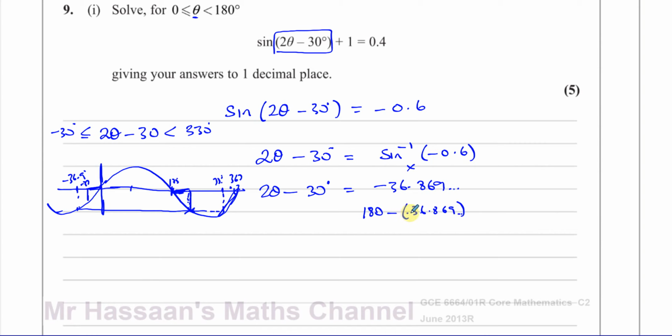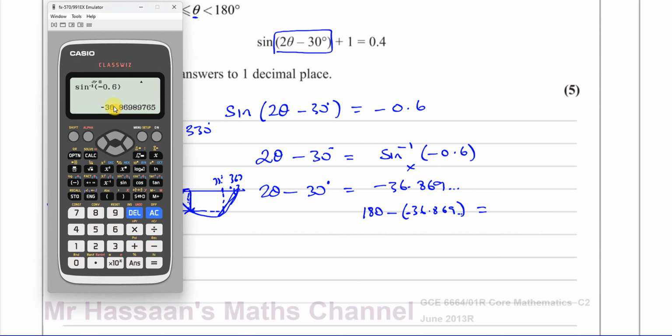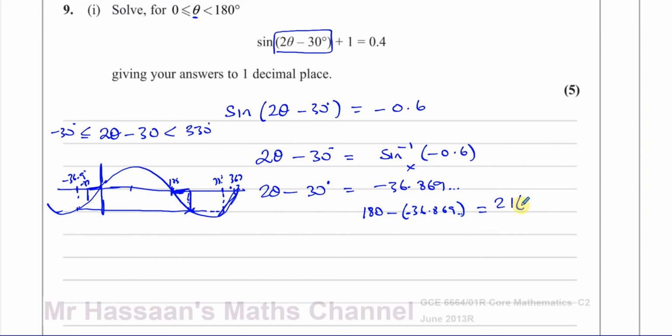That particular angle is in our range, because you do 180 minus negative 36.869. If I take this angle here, which I'll store as A, and do 180 minus that answer, I get 216.869 degrees, which is in our range.